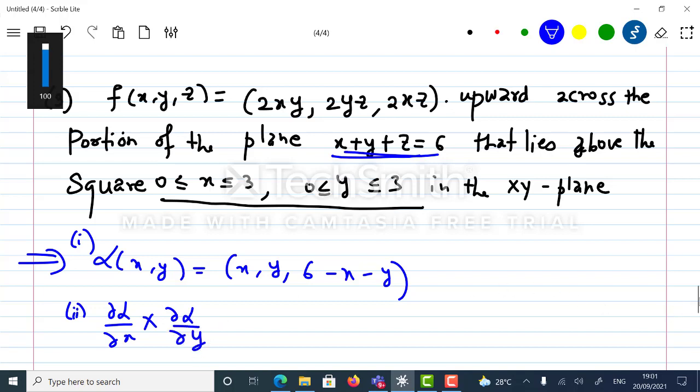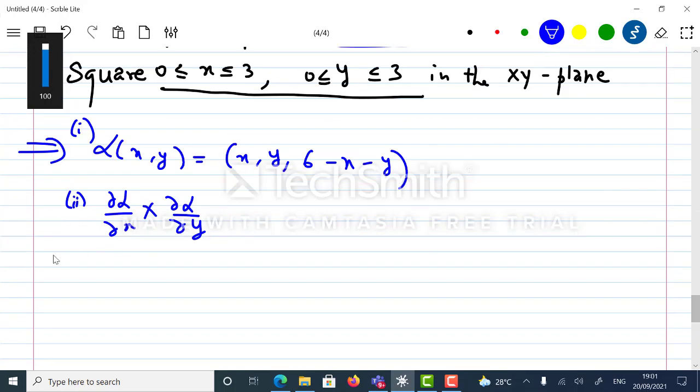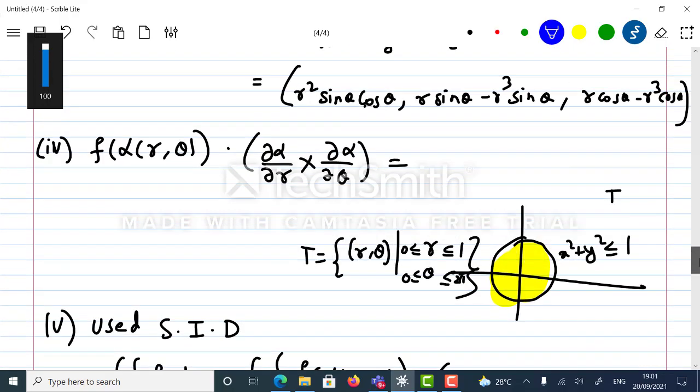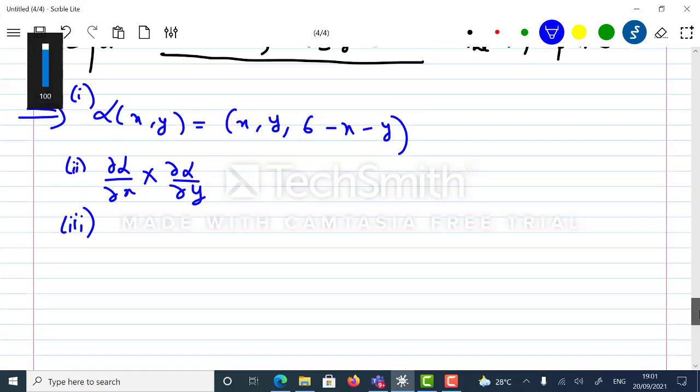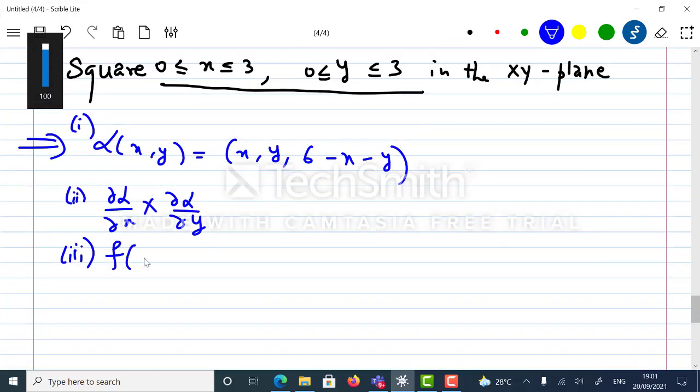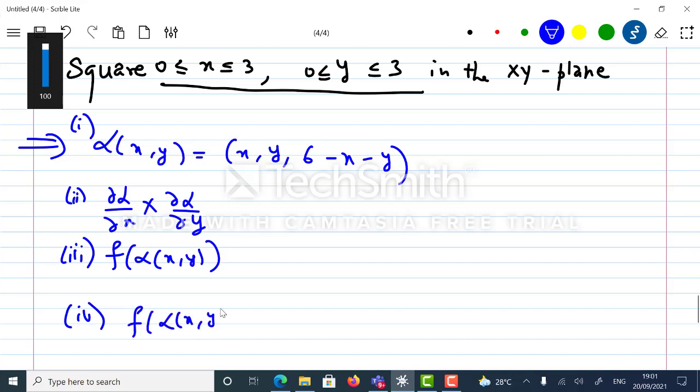Step 3 is basically you need to find out f, that also you can find out. Step 4, you need to find out f of α(x, y) dot product with ∂α/∂x cross ∂α/∂y.